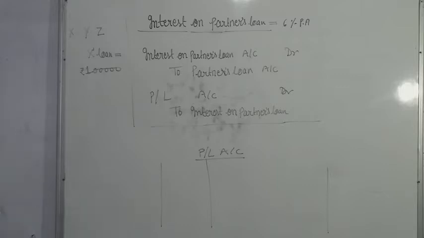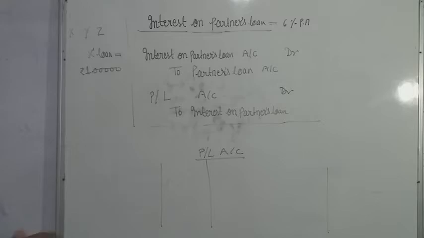But if partners are not having any partnership deed, or if partners are having a partnership deed but they have not decided any rate of interest on partners loan, then in that condition interest on partners loan will be allowed at 6% per annum.